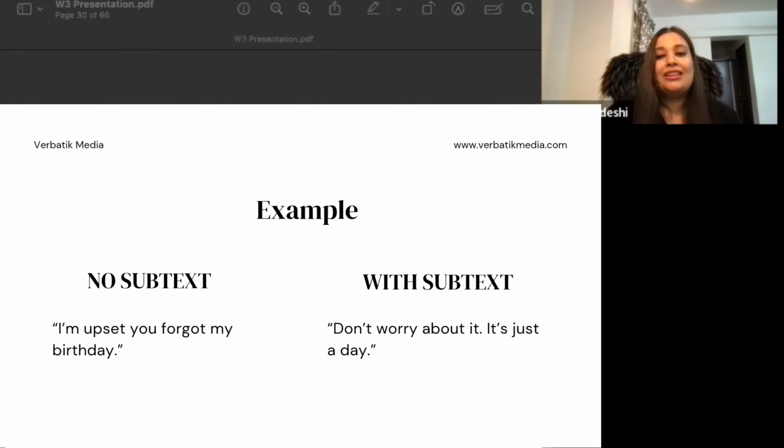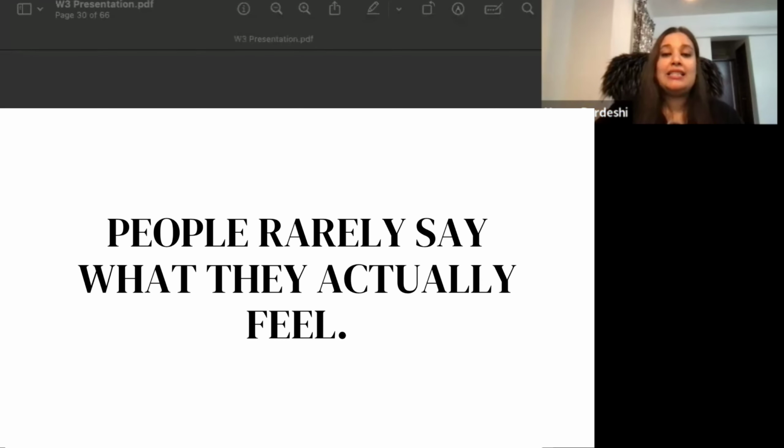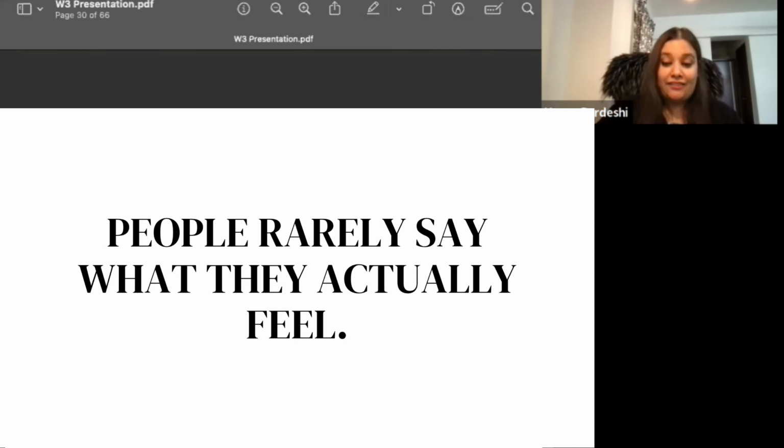So, people rarely say what they actually feel. This is one of the most important psychological truths for dialogue writing. People suppress emotion, they redirect emotion, they soften emotional truth.